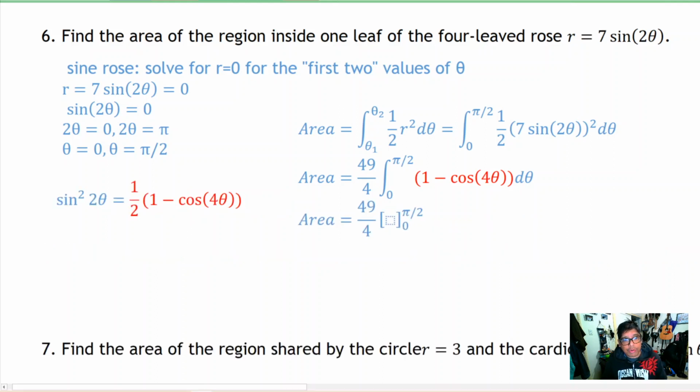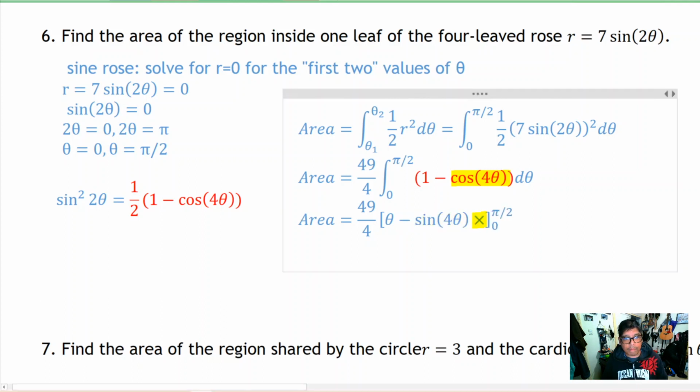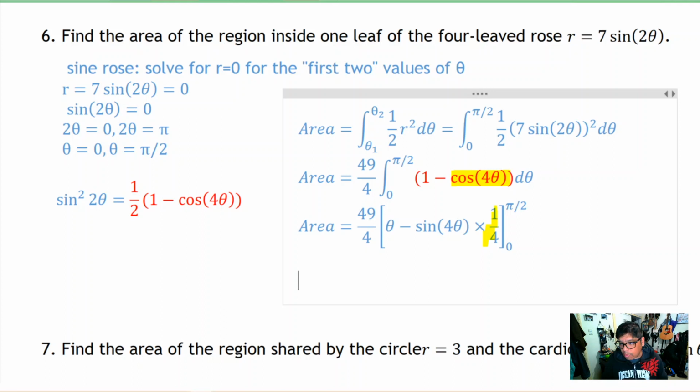The antiderivative of 1 in terms of theta is just theta, minus, now the antiderivative of cosine 4 theta is sine 4 theta multiplied by 1/4. Now this 1/4, if you don't remember, comes from the u substitution that we didn't actually show, but we needed to do in order to integrate.